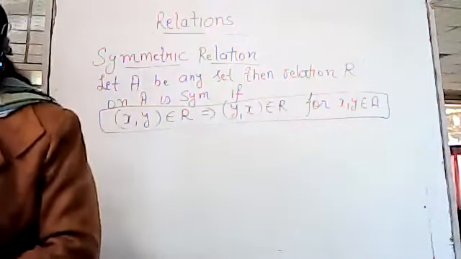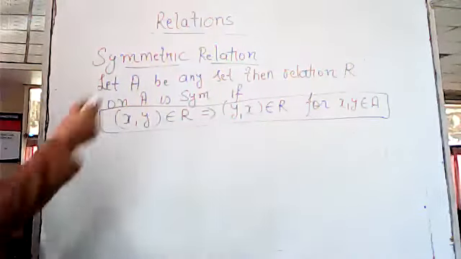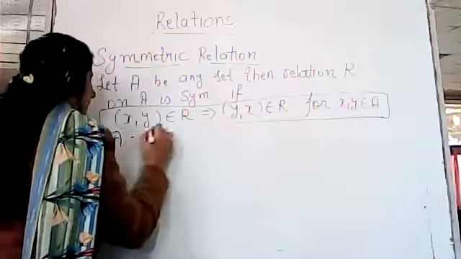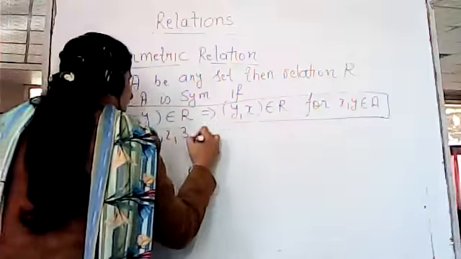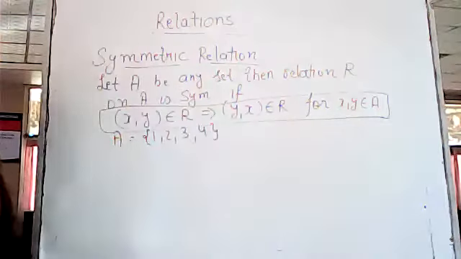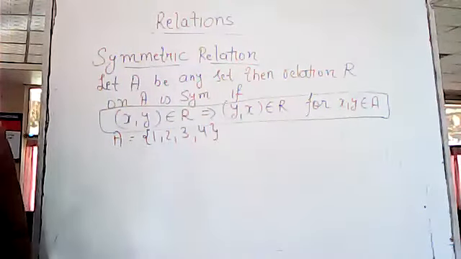So let us understand this definition with the help of an example. Suppose A is a set which consists of 4 elements, that is 1, 2, 3, 4.